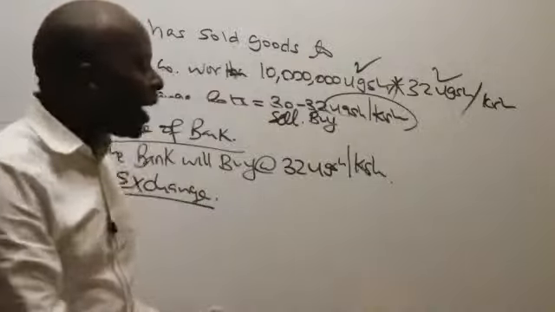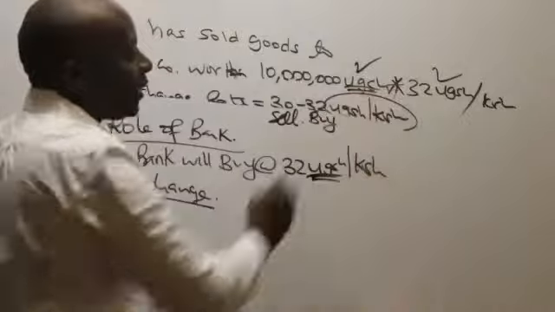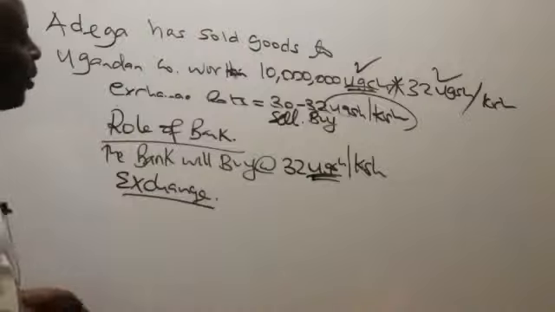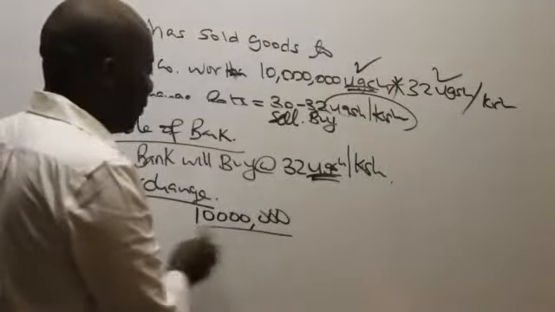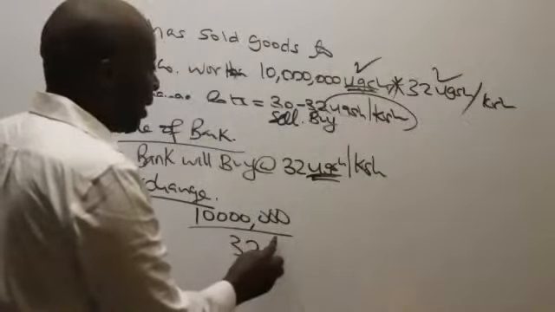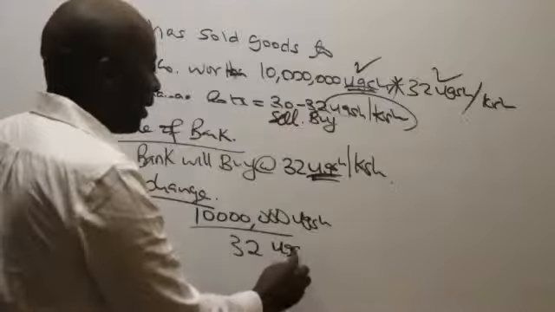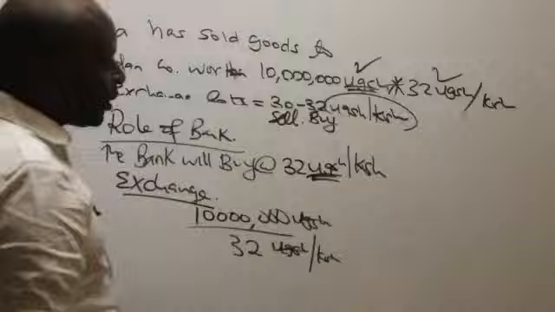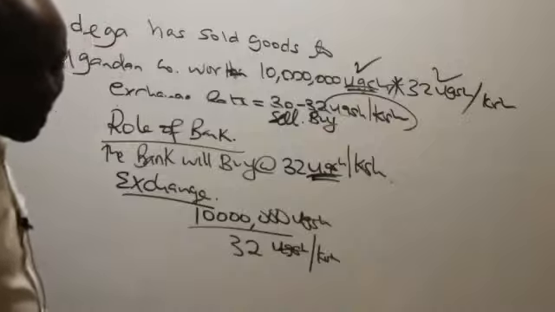So the only way out when you're exchanging is to divide. Hapa Uganda will cancel, and whatever answer I'll be left with will be Kenya shillings.